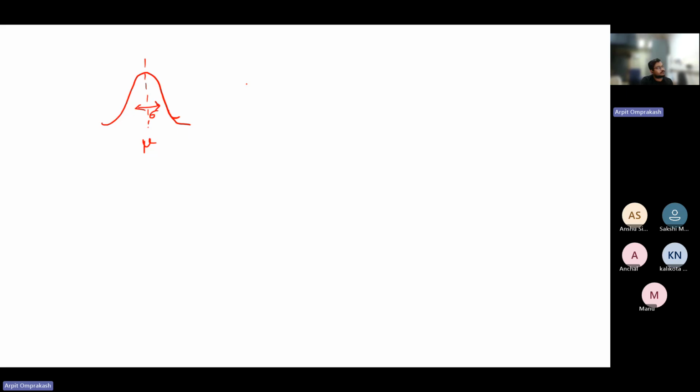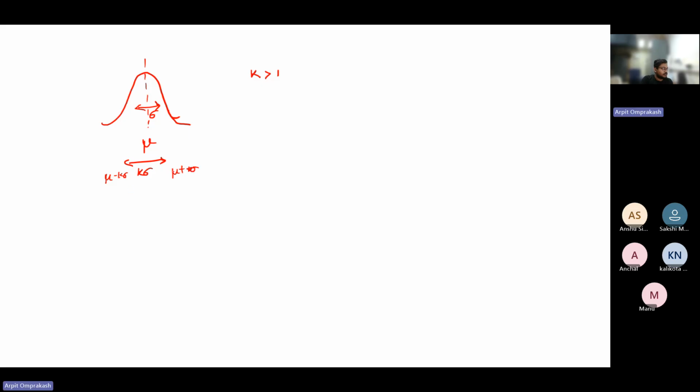What the theorem basically says is that for k greater than 1, if we are taking intervals that are k sigma wide, so this will be mu minus k sigma, and this will be mu plus k sigma, right?